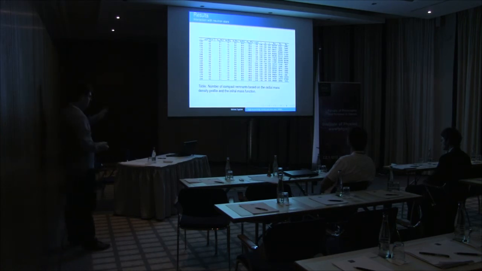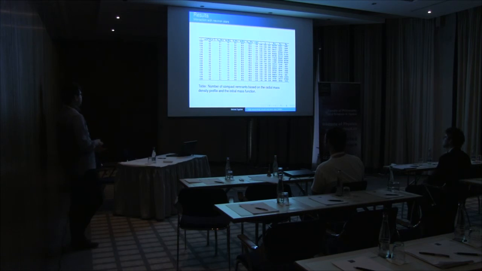When we do some estimates of the population of compact remnants, so white dwarfs, neutron stars, and black holes, based on the initial mass function, in general the numbers are quite high inside the central region, generally for neutron stars of the order 10^4, 10^5.